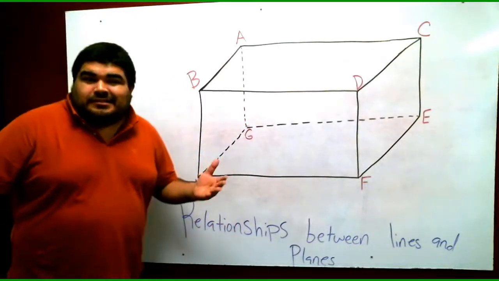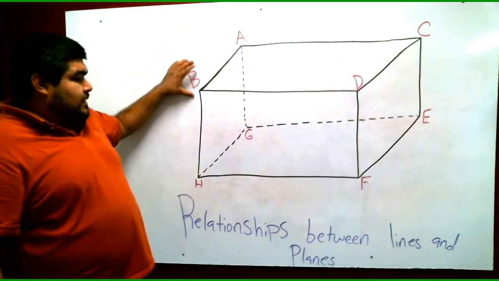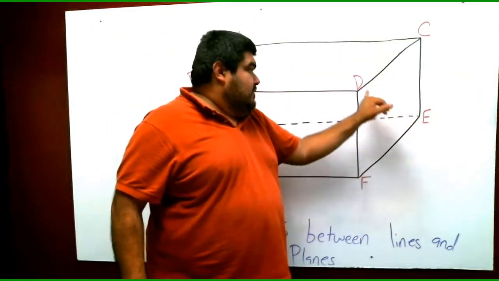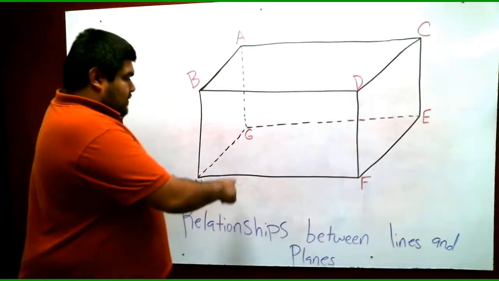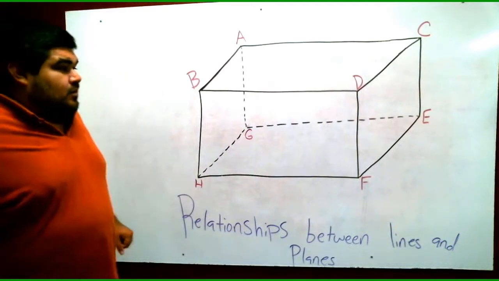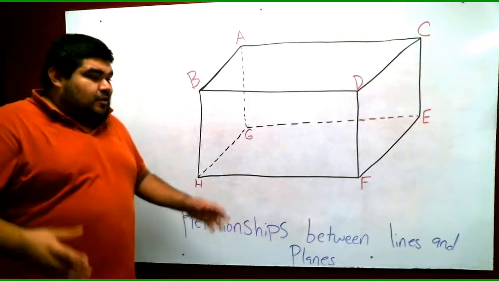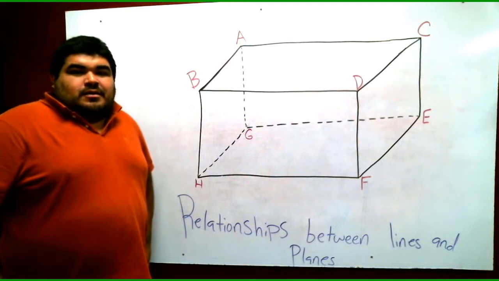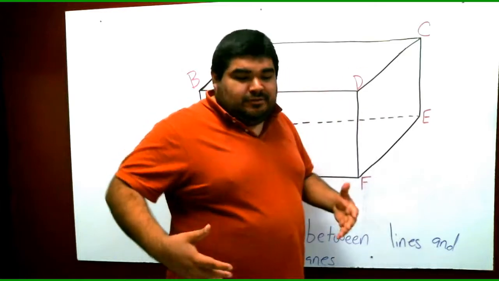Label it A, B, C, D, E, F, G, and H. Make sure you have it down. If you need more time to draw it, pause the video. I'll be here when you resume. Alright, I'm assuming the ones that needed more time paused the video and already have that in their notes.